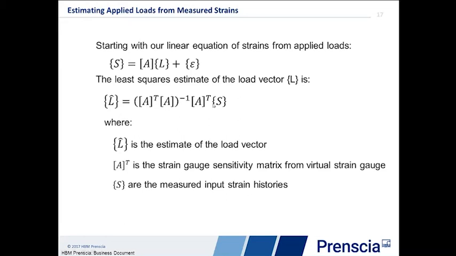If one were to look at this term, the A transpose A, the inverse times A transpose, that actually is a least squares fit. I'm generating a least squares fit of my loads from my multiple strains. So this is the approach we're going to use.